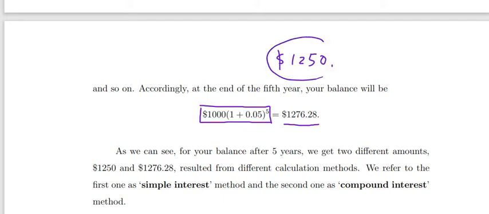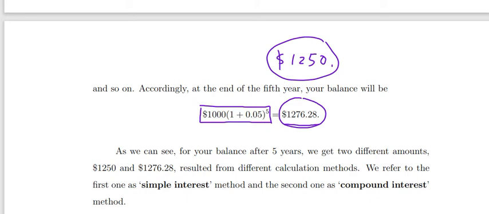So what is my balance after 5 years? We have 2 answers. Which one is correct? We say both of them are correct. Those 2 different answers come from different calculation methods.